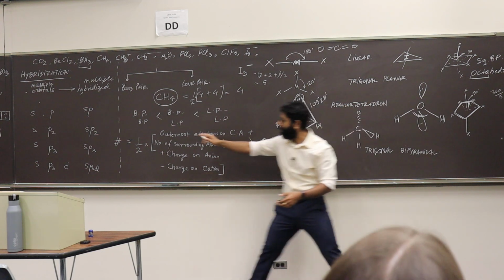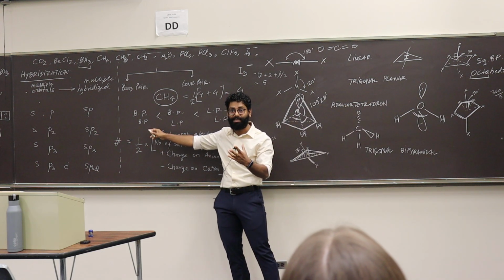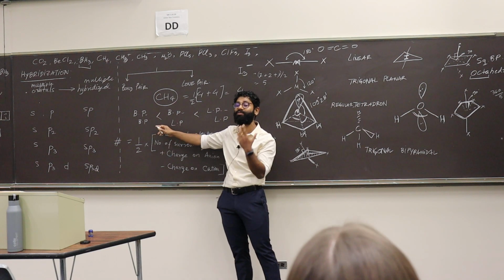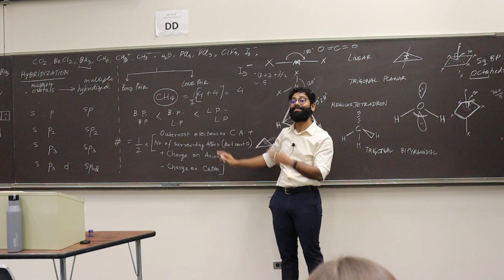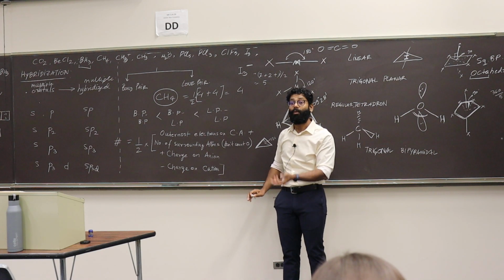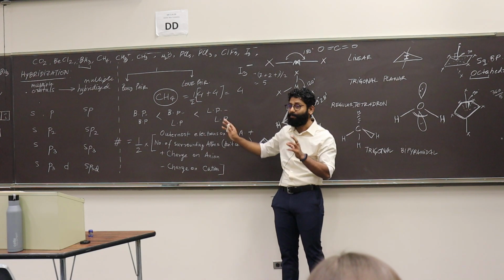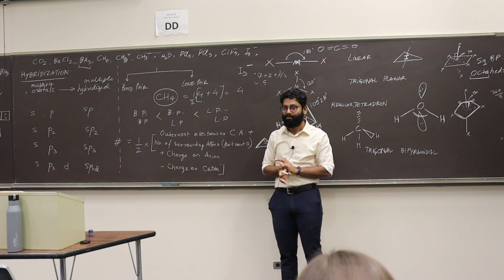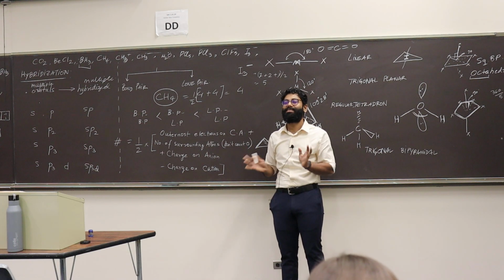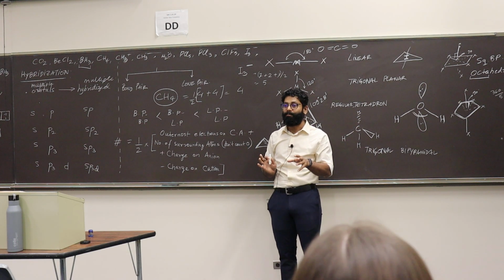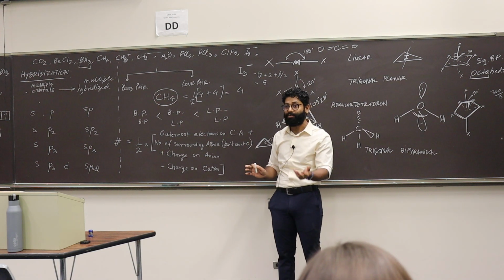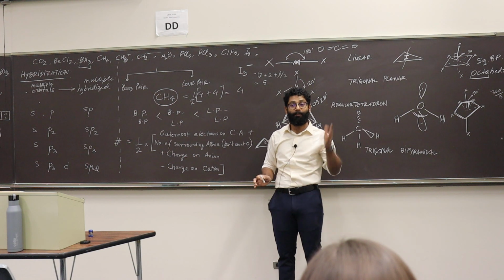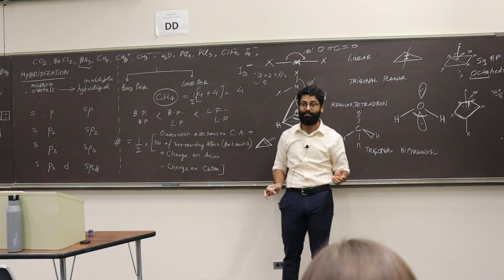So the bond pairs can sit on the unstable positions. The lone pairs will go into the stable positions. Why? Because bond pairs are less energetic. They're generally stable. So if you put them in the unstable, it's fine. But with lone pairs, which are already unstable, if you put them in an unstable position, that will be not good.